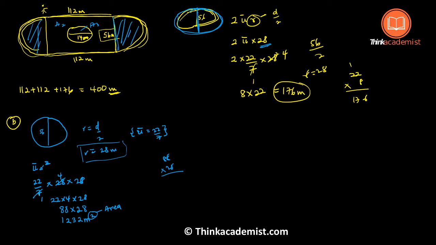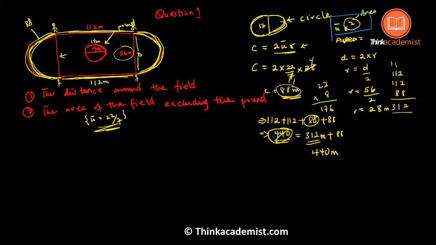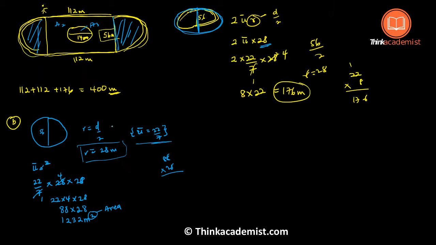So pi r squared, where we've been given pi in our question to be 22 over 7. So if pi is 22 over 7, we fix it in, and then we do radius squared. Radius squared is the same as the radius multiplying itself.